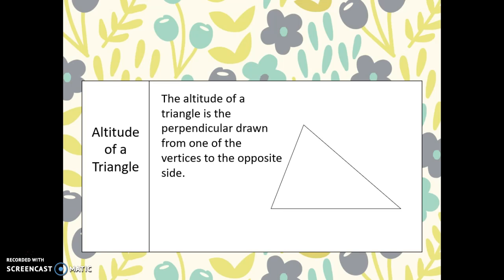So we're going to be using geometric mean when we are solving using an altitude of a right triangle. And let's review. An altitude of a triangle is the perpendicular drawn from one of the vertices to the opposite side. Specifically, the one that we're going to be drawing the altitude from is from the right angle today. So we're going to be using right triangles and drawing the altitude from the right angle to the hypotenuse.